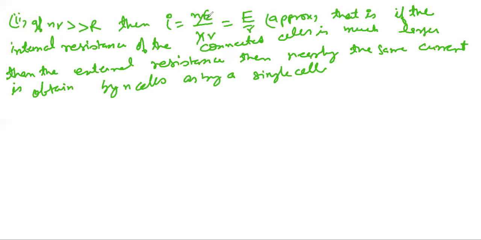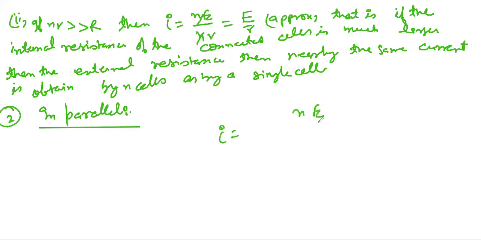Yes, sir. Second part we have to do when they are connected in parallel. Sir, what will happen if they both are equal to each other? In such a situation, what is your formula? I is equal to nE divided by nr plus capital R. You want to make R equal to r.